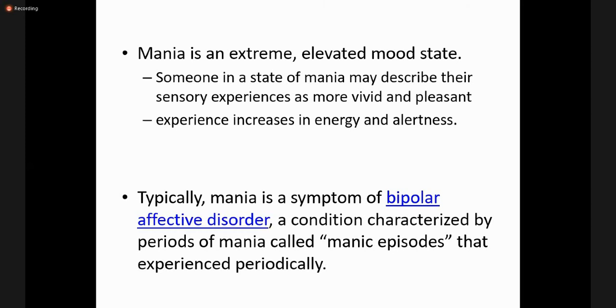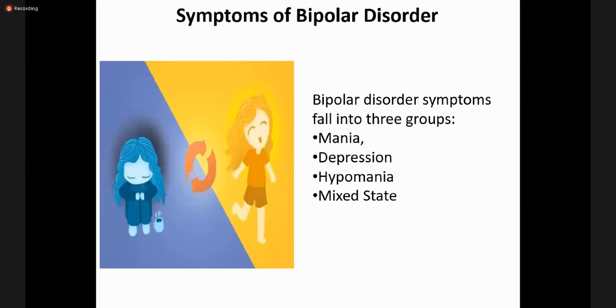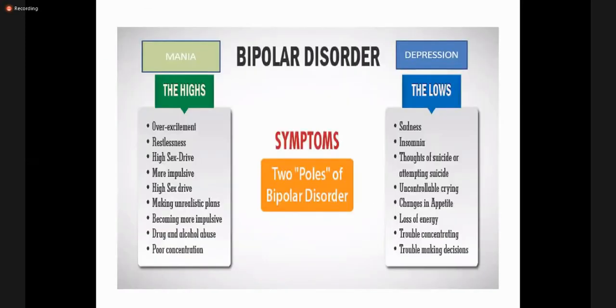And obviously, mania is a symptom of bipolar. So there are manic episodes and depressive episodes. If you look here, mania is a high, right? Overexcitement, restlessness, high sexual drive. They're impulsive and make unrealistic plans. Why do they do that?